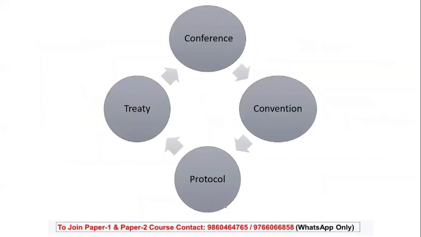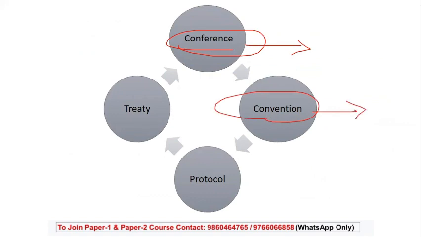We have been seeing these words: conference, convention, protocol, treaty. Conference is nothing but you initiate the discussion. Convention is where you streamline the discussion, eliminate what is not needed, and take the things which are needed, which came out of your discussion.